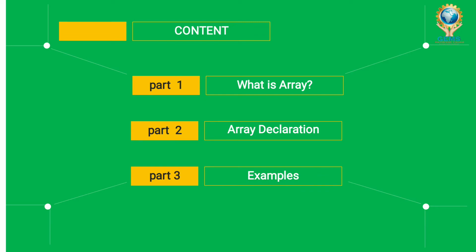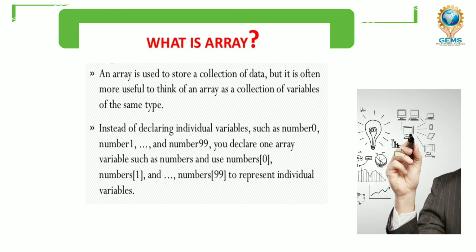Before talking about array declaration, I would like to focus on one thing, that is, what is an array. An array is a homogeneous data type. As we said, an array will store a similar kind of data in a programming language.